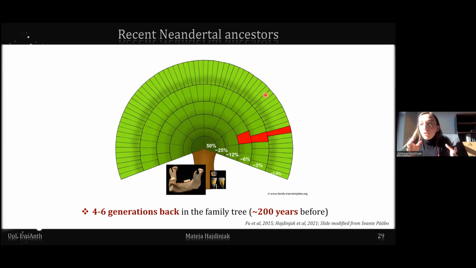And these 2 recent pulses we find in Bacho Kiro cave individuals and in Oase 1 are distinct. So there are at least 3 separate pulses of Neanderthal contribution to modern humans.